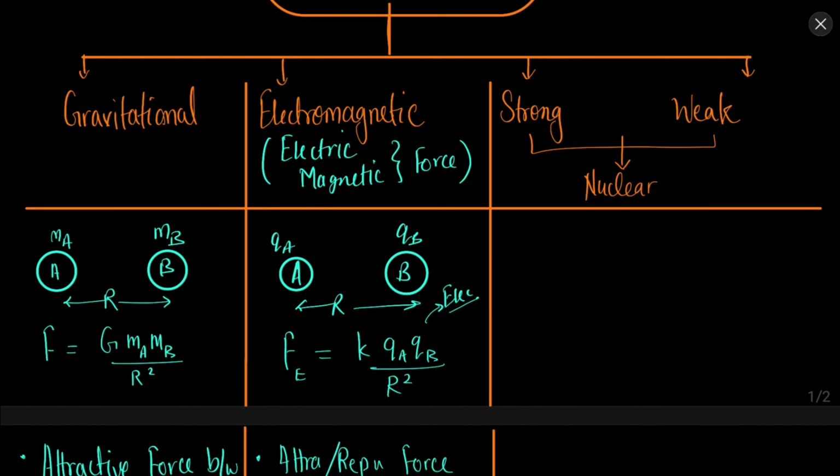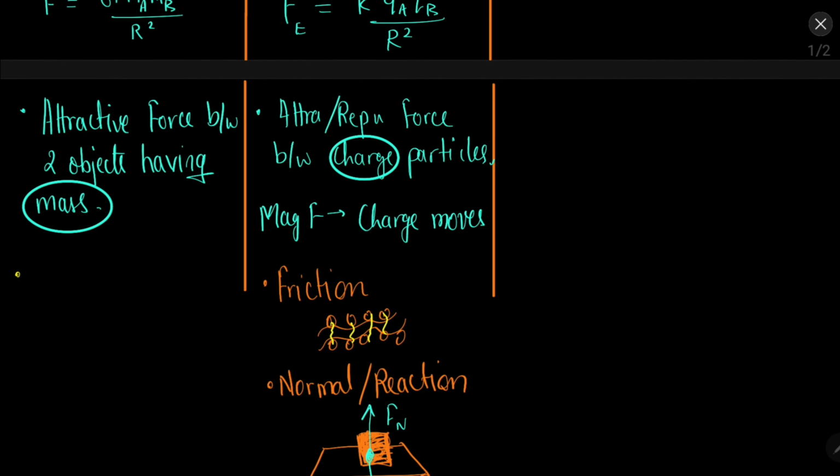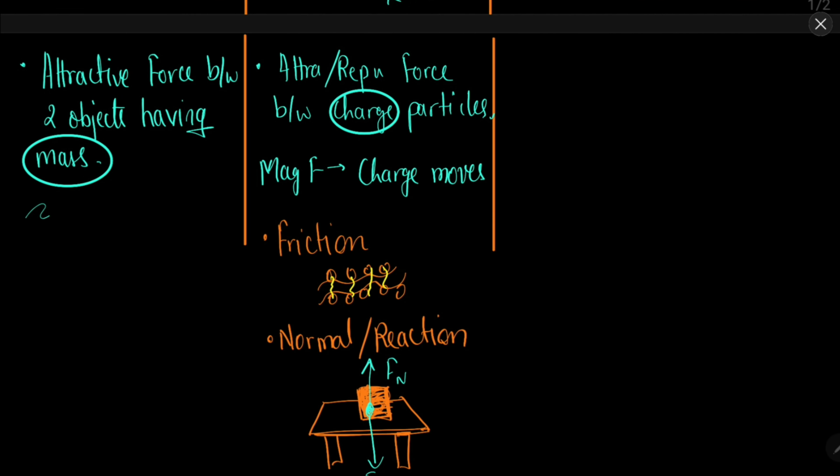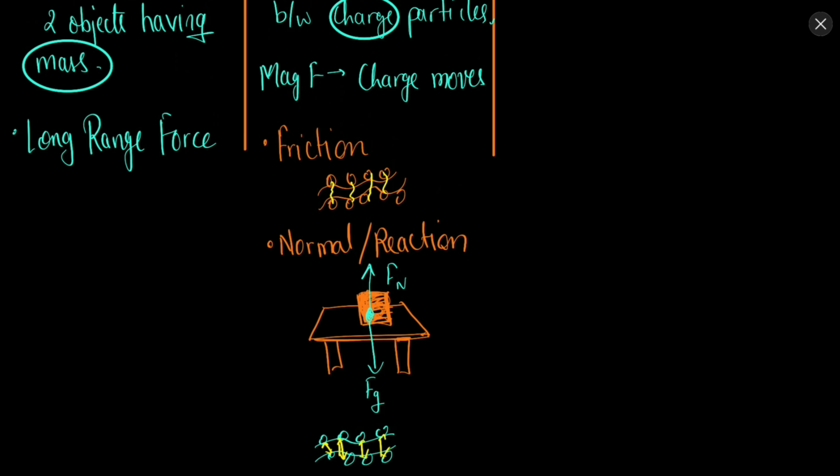Now the last two forces are the strong nuclear force and the weak nuclear force. You might not have heard about them because gravity is a long range force, that is, its effects can be felt at very large distances. For example, the sun attracts the earth, and the electromagnetic force is also a long range force.